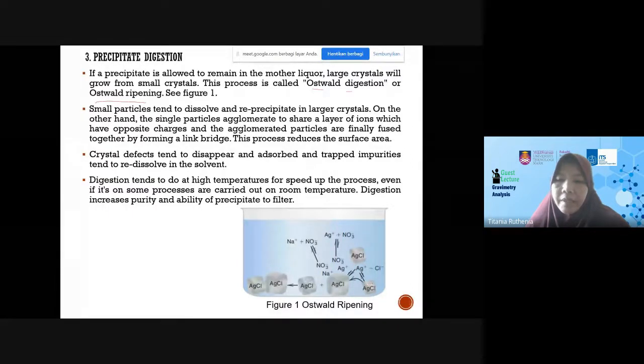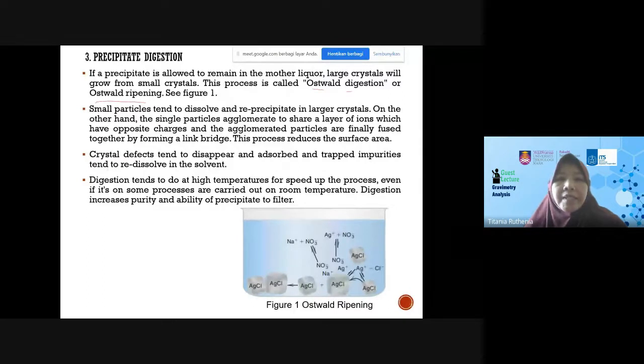Then if it combines with other particles, it will become bigger. And if the bigger one combines with other bigger particles, it will become even bigger. And what we get is the larger crystal.